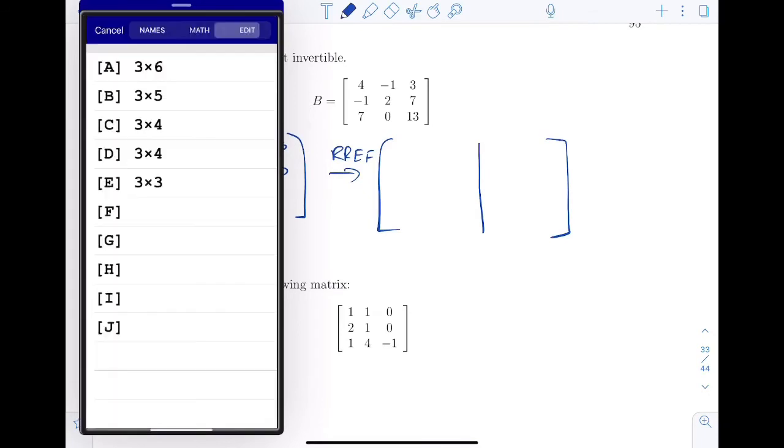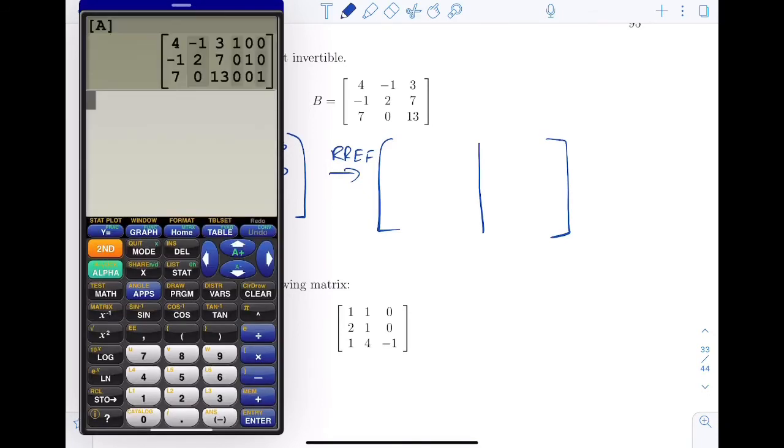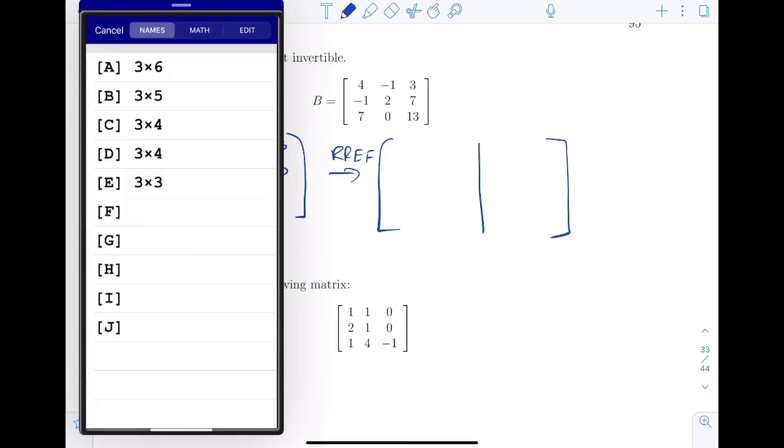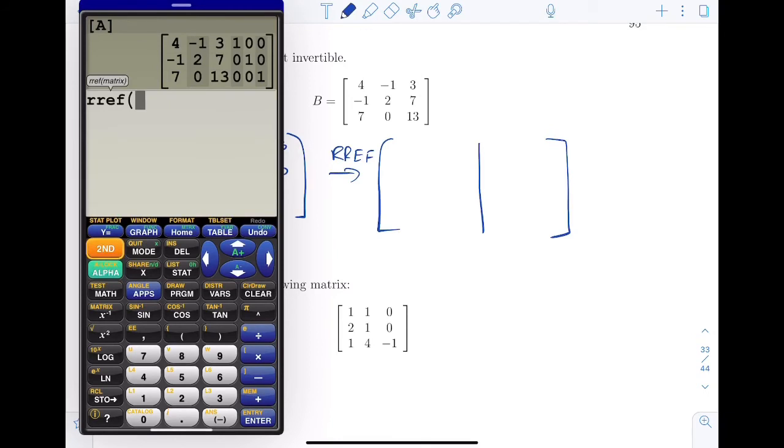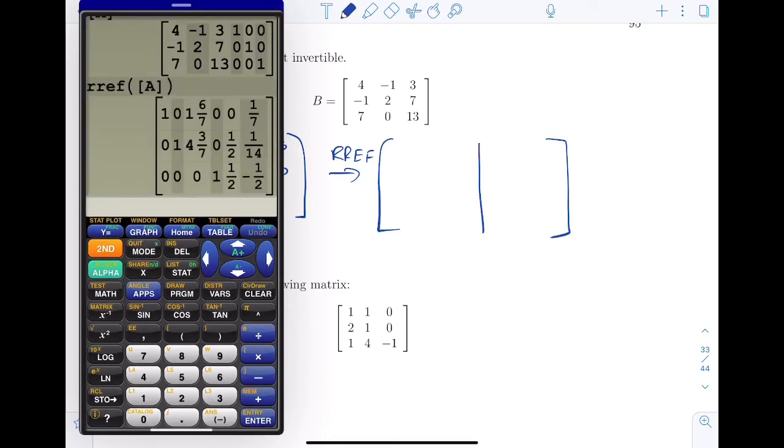Let's see if that's the right thing real quick. Very good. Now let's row reduce that matrix. I'm doing this kind of fast. Hopefully we've got some experience with this.